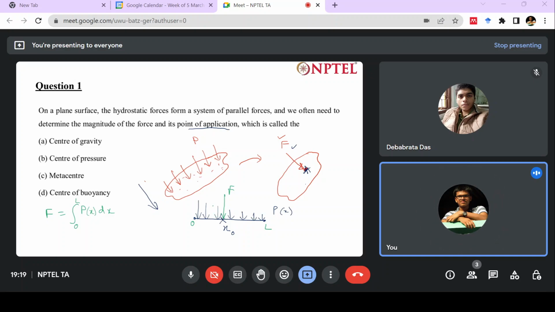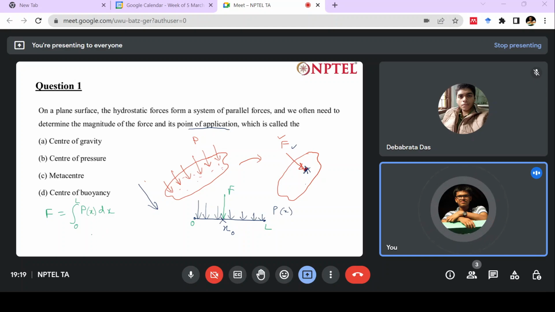And now, how to find out x0? We will use the concept where there is no moment about this x0.